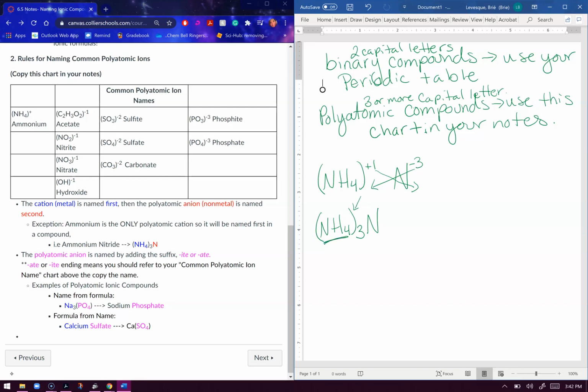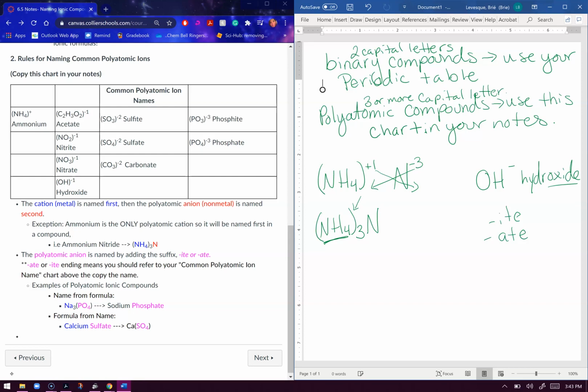Okay, let's try another one. You'll notice that your polyatomics always have an ITE or ATE ending, with the exception of hydroxide. OH- is hydroxide. It is the only polyatomic ion with an IDE ending. Every other polyatomic ends in ITE or ATE.